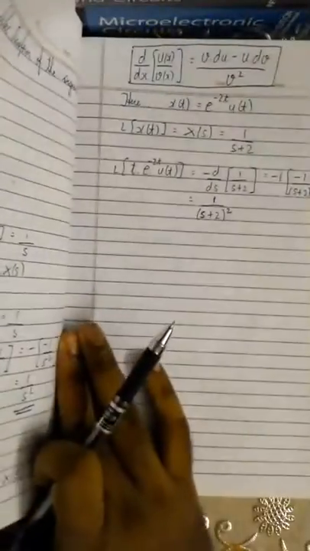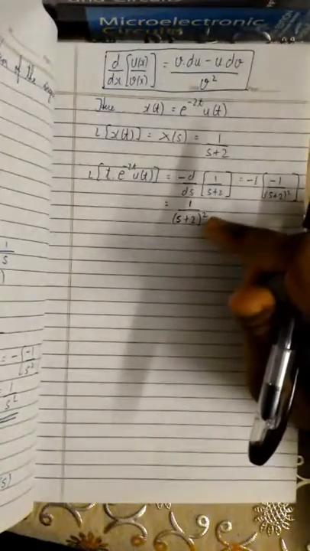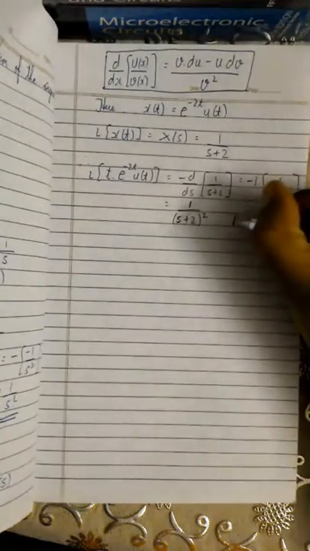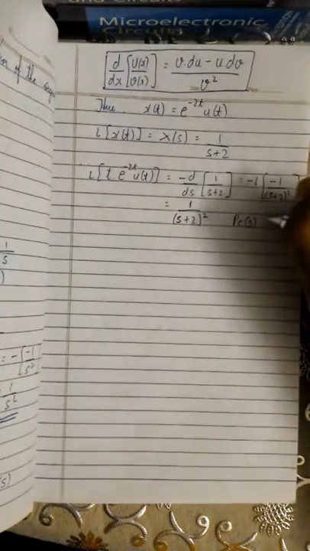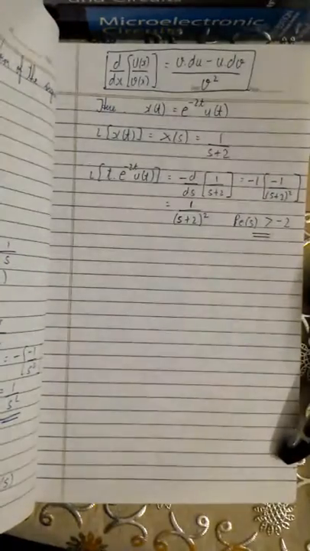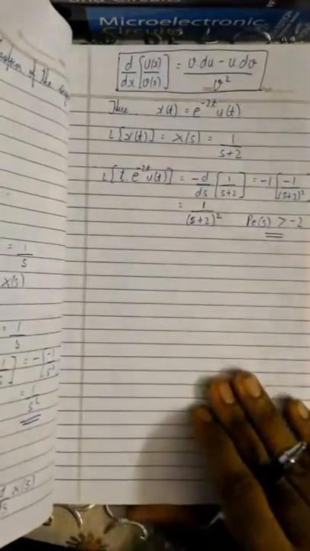So for the right sided signal, s plus 2 the whole square is equal to 0, so the pole is at minus 2. Therefore, since it's a right sided signal, the real part of s is greater than minus 2. This is your ROC. You can write the ROC directly. See, very easy.